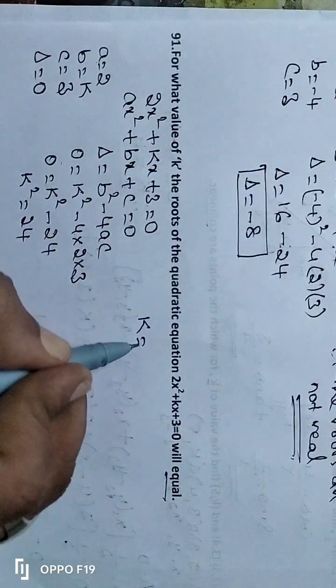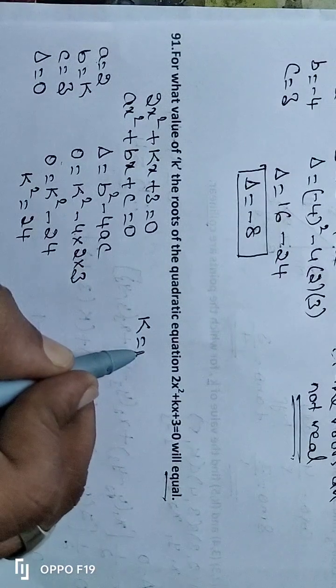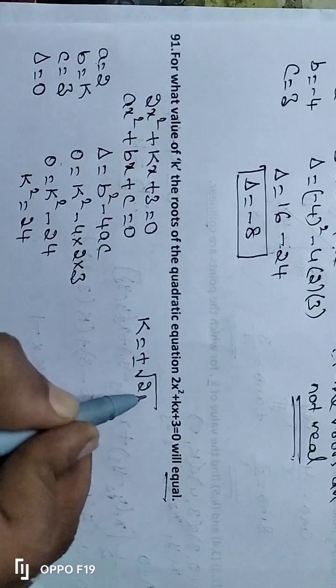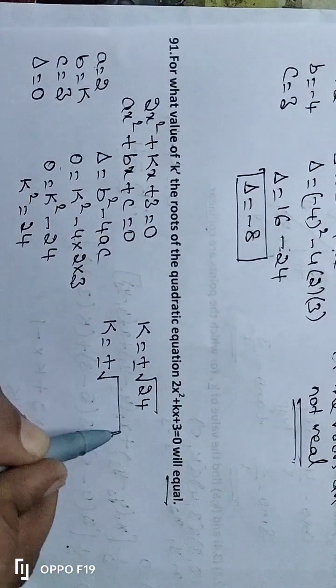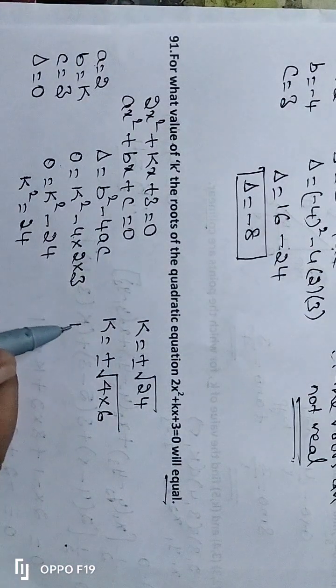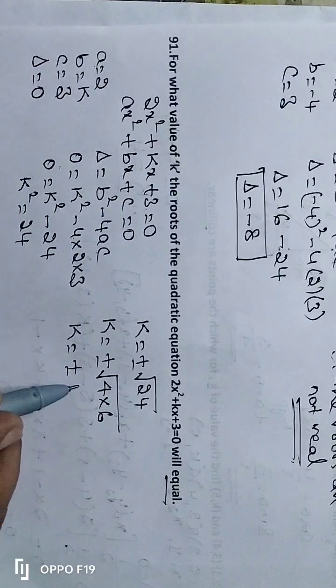So k is equal to, you remove square and you put square root. So k is equal to plus or minus square root of 24. Square root of 24 can be written as square root of 4 times 6. What is square root of 4?